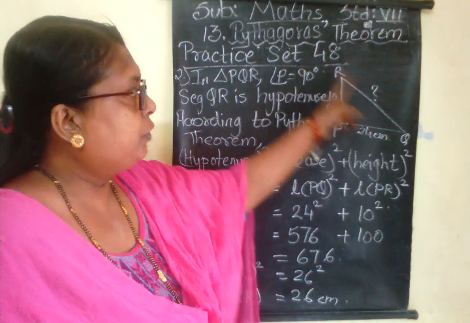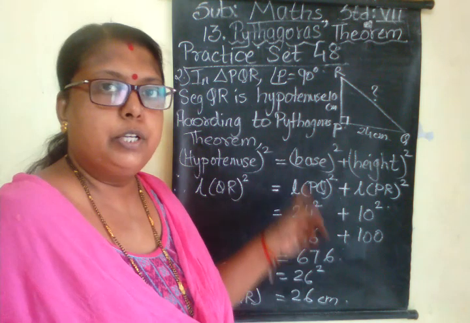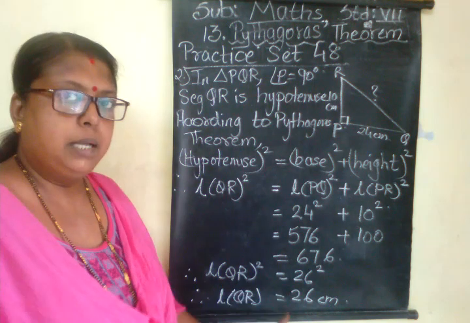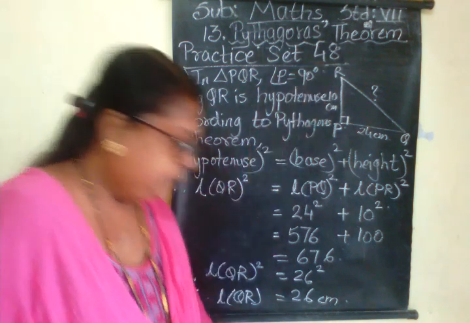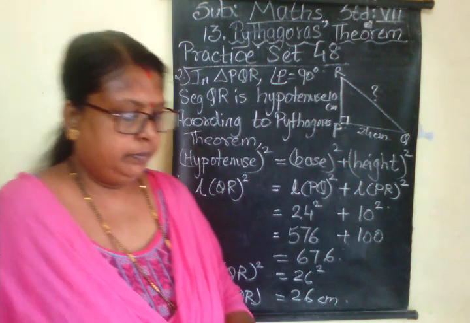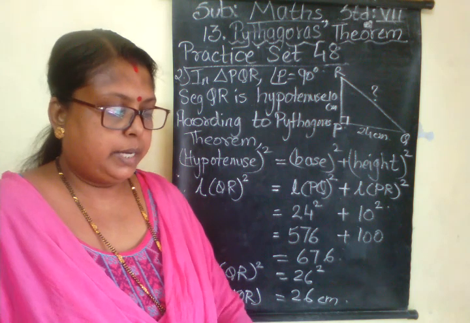So the length of QR comes to 26 centimeter. That is, the hypotenuse of the triangle is 26 centimeter. So take down the sum. This is the second sum of practice set 48. Okay, second sum is over.